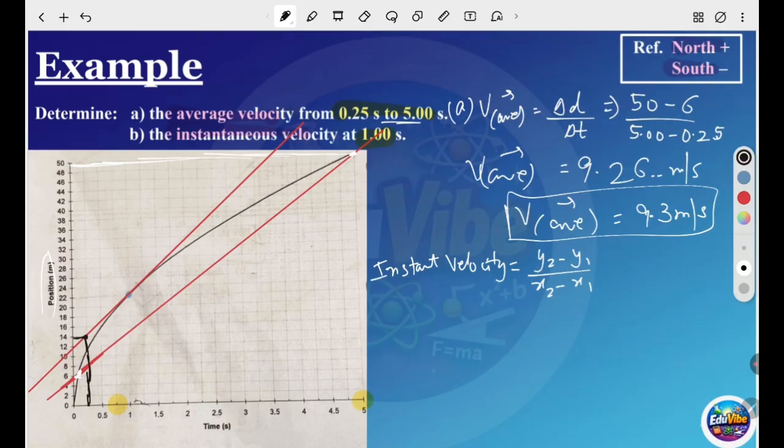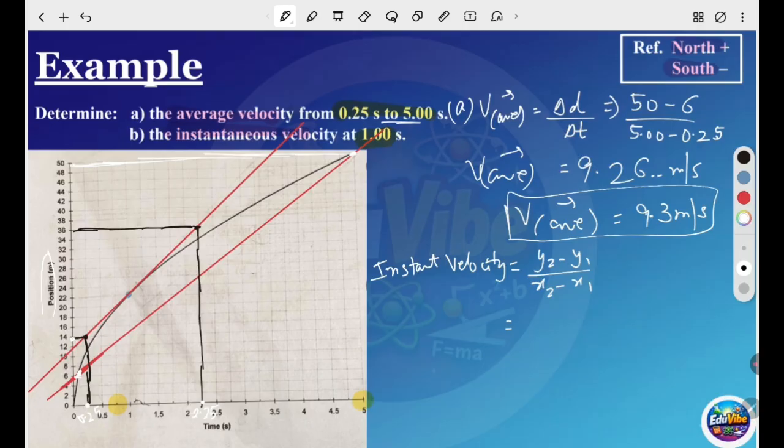The next point I take is over there at 36, between 2 and 2.5. So now we have this point which is 0.25 and this point which is 2.25.